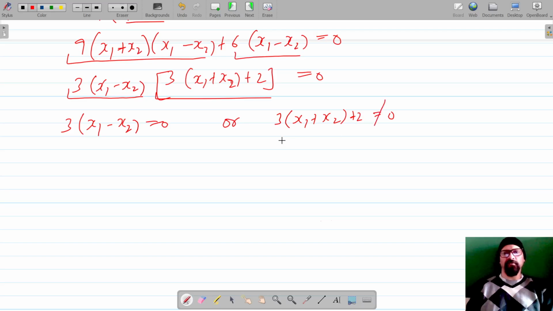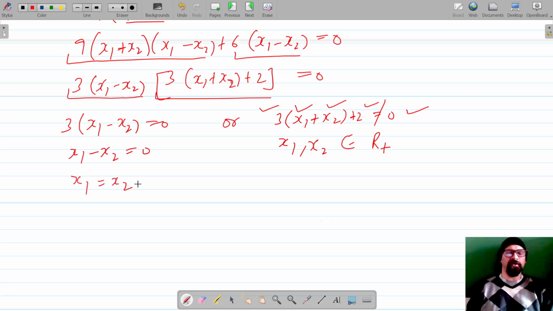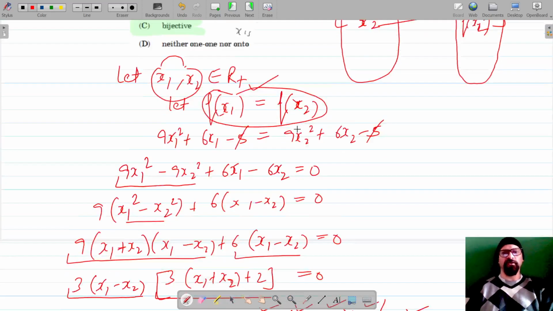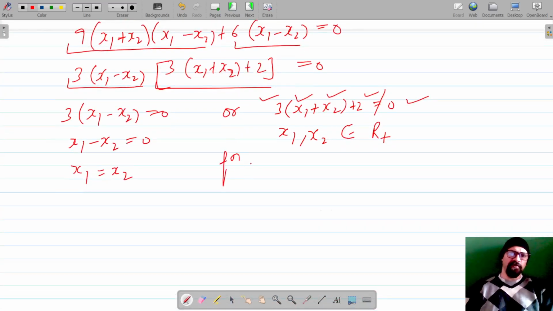But this cannot be 0, because x1 and x2 both belong to the set of non-negative real numbers, so this is positive. So this cannot be 0. We are left with x1 minus x2 is equal to 0, therefore x1 is equal to x2. That means if two images are equal, then the two values of x are also the same, which gives me that the given function f is one-one.